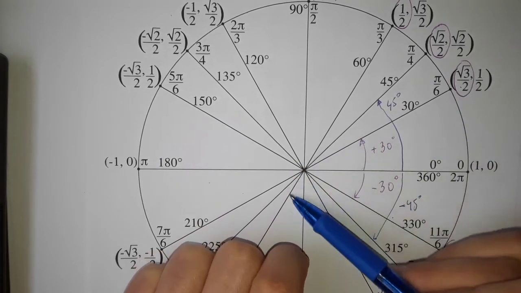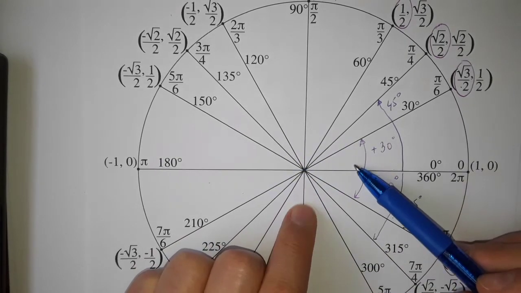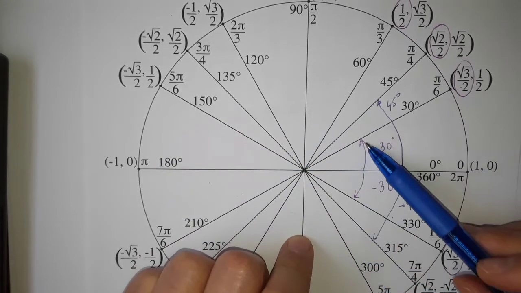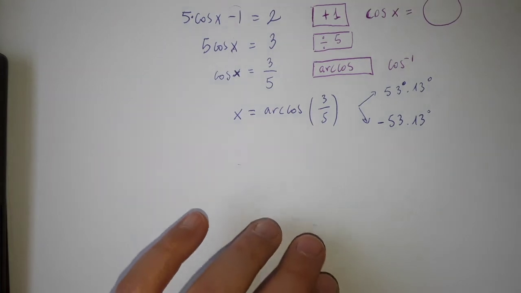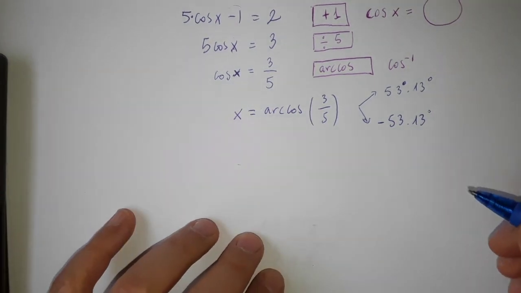So every time we add 360 or subtract 360, we're going to have exactly the same answer for the cosine.